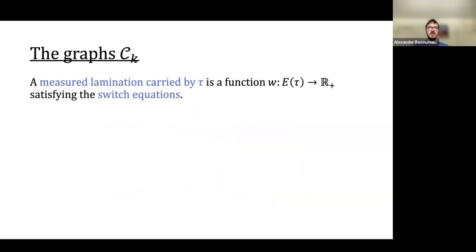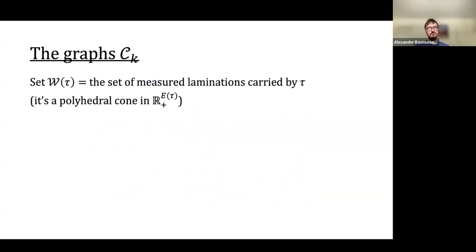A measured lamination carried by tau is a function w from the edges to the non-negative real numbers, satisfying the switch equations. Switch equations just say that at a vertex, the sum of the weights of the incoming edges is equal to the sum of the weights of the outgoing edges. So this gives us a set W(tau), which is the set of measured laminations carried by tau.